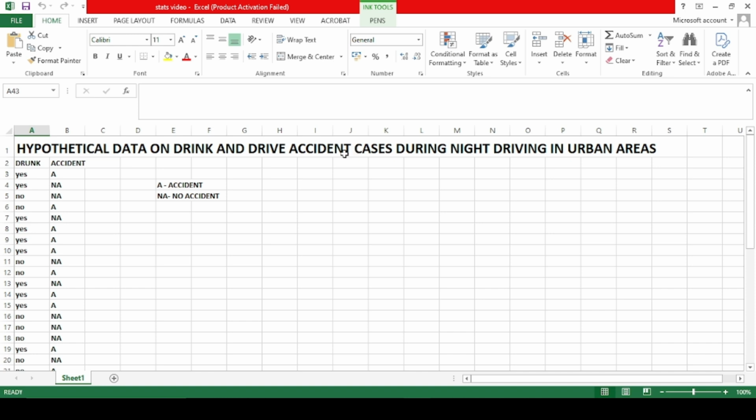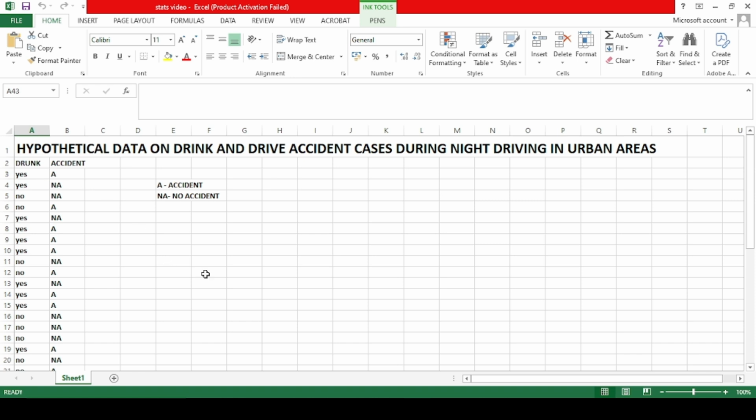We all know that if you drink alcohol and then drive, there is a high probability that one can meet with an accident. So this data is somewhat biased on that aspect, without any reference. What we'll be doing is statistically analyzing this data using the chi-square test in SPSS.